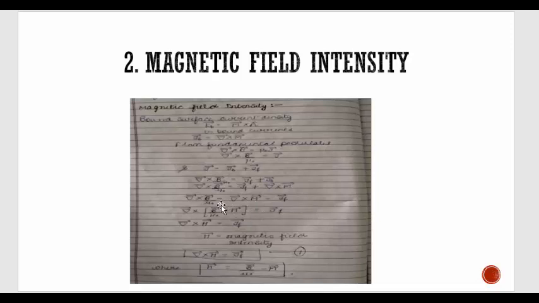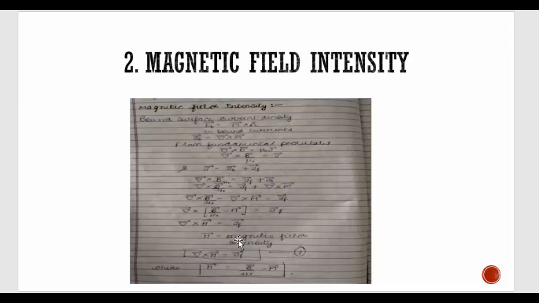This term, that is B vector upon mu naught minus M, is known as magnetic field intensity. So the above equation becomes del cross H vector is equal to J_f vector. Here H vector is equal to B vector upon mu naught minus M, and H is magnetic field intensity.